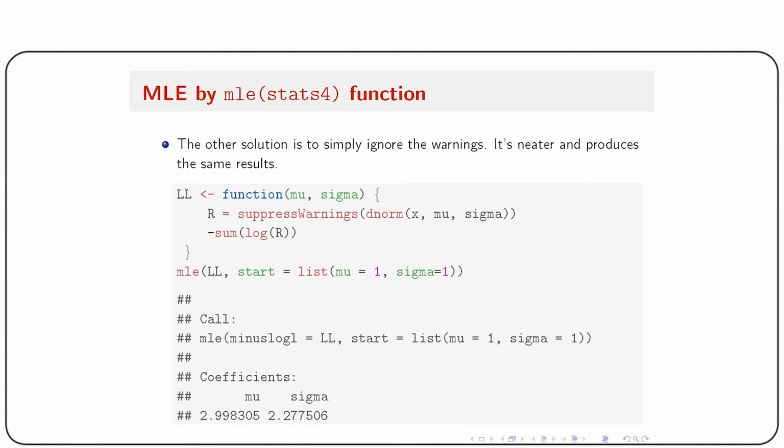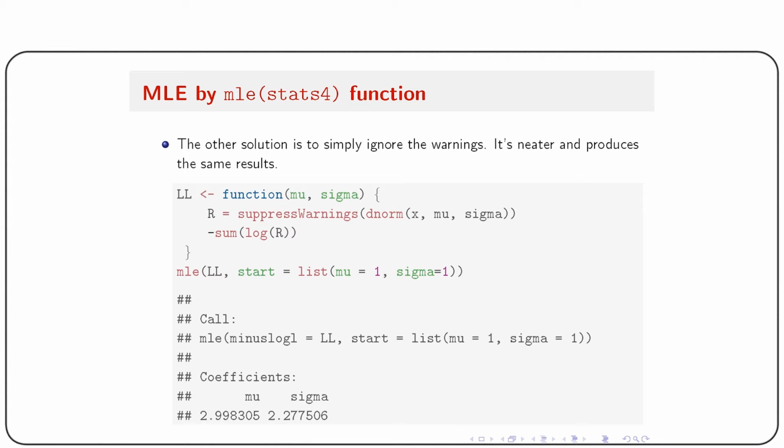For example, LL equals function(mu, sigma), and then you just wrap dnorm(x, mu, sigma) within the suppressWarnings function, which will remove the warning, and the rest of the function is as it is.